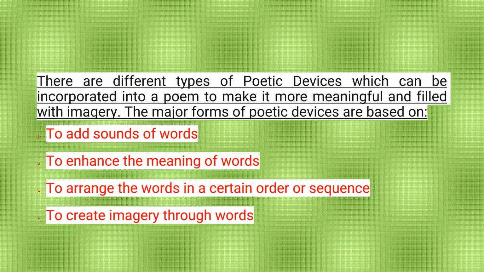Students, the major forms of poetic devices are based on adding sounds to words, enhancing the meaning of words, arranging words in a certain order or sequence, and creating imagery through words. Many writers and linguists have categorized these devices into various other forms also, but this is the basic categorization.